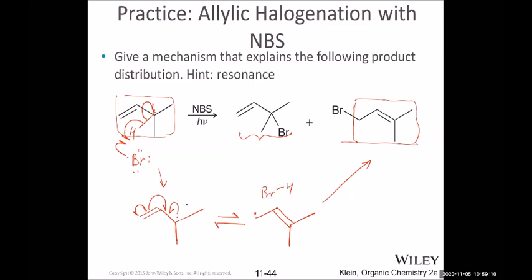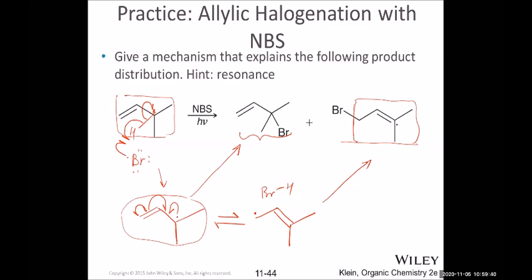This intermediate will give me this product. The resonance structure reacts, takes the bromide, and gives us the other product. And so that's why, with an allylic carbon hydrogen available, you might get more than one product.